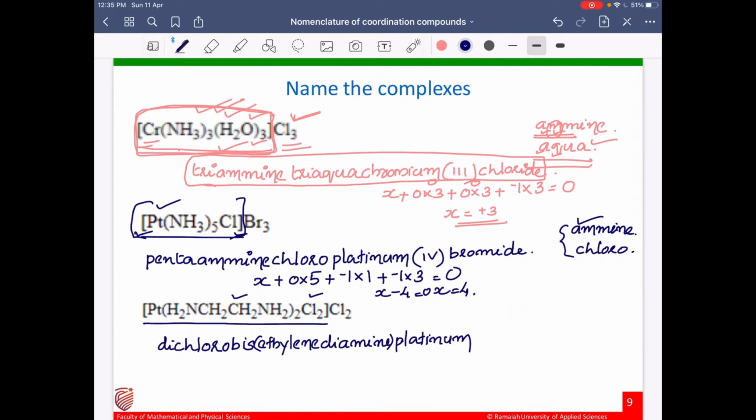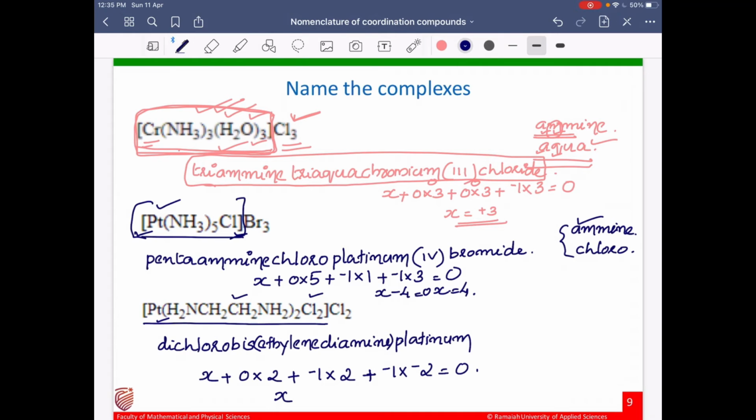Next step, we have to put its oxidation state. How to calculate the oxidation state, I will show you now. Platinum, we don't know what its oxidation state is, that is X. Ethylene diamine doesn't have any charge, so charge is 0. How many ethylene diamine groups? 2. Plus chlorine is having a charge of -1. How many chlorine groups? 2. Plus Cl2. Each Cl is -1, -2 equal to 0.